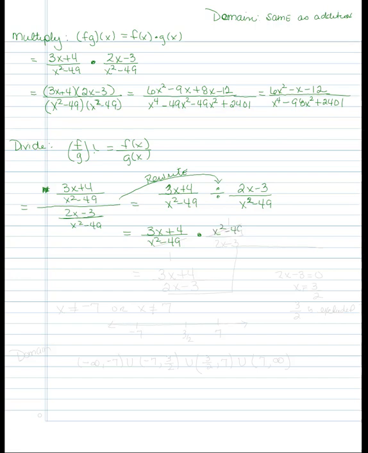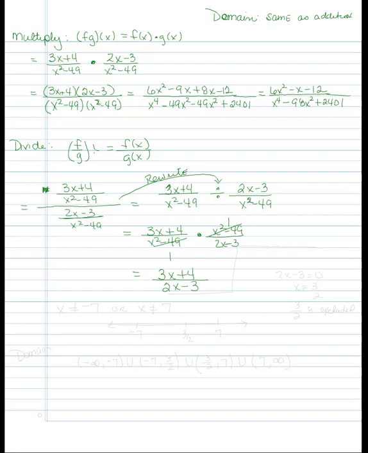X squared minus 49 over 2x minus 3. What divides out? And we're left with 3x plus 4 over 2x minus 3. That's what we have as it's simplified.